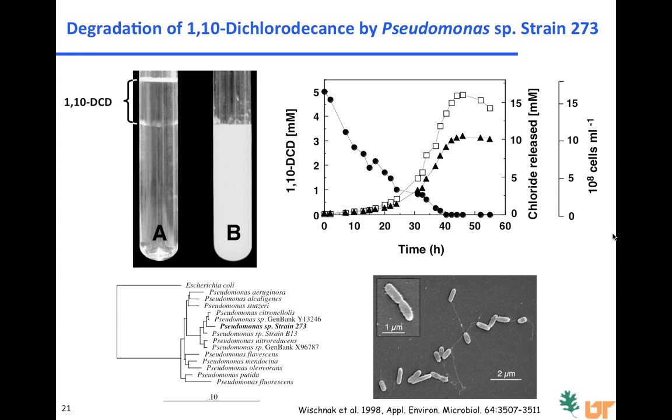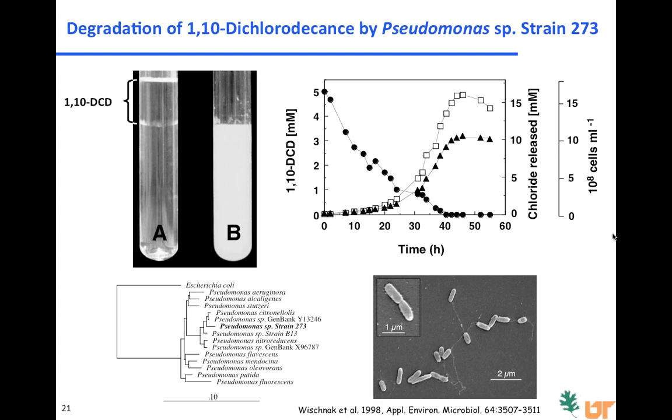But when you inoculate with this Pseudomonas strain, it grows vigorously, and the 1,10-dichlorodecane is completely degraded. And that's shown in the top right part. You see in the filled circles, 1,10-dichlorodecane is consumed. Chloride is released, stoichiometric amounts of chloride in the filled triangles, and the organism is growing.